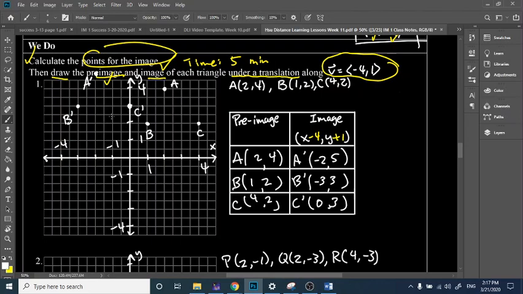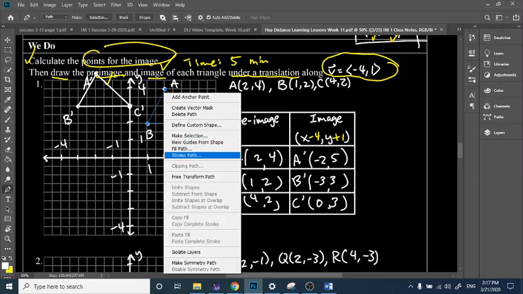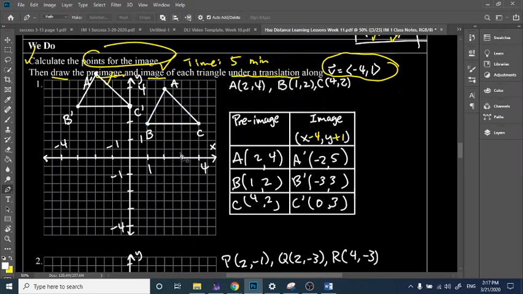So, now let's draw the triangle. And here we go. Great. If you need to, pause the video.